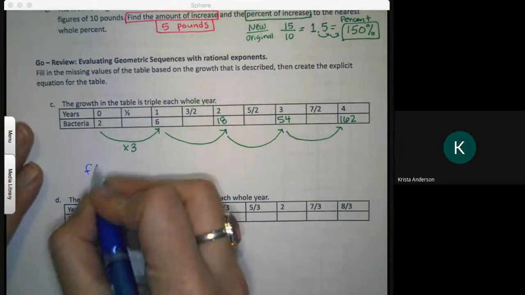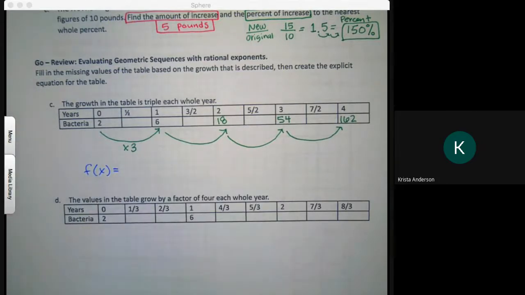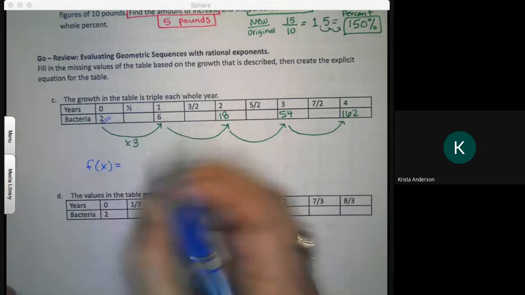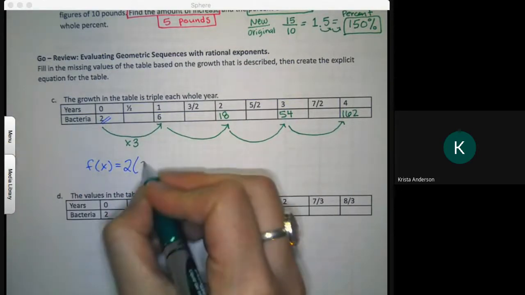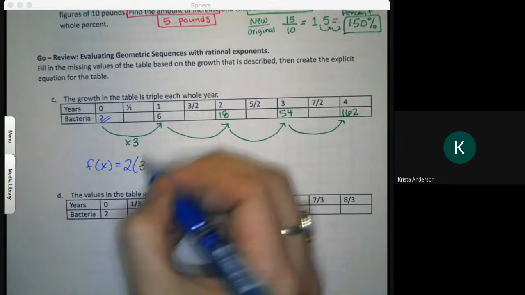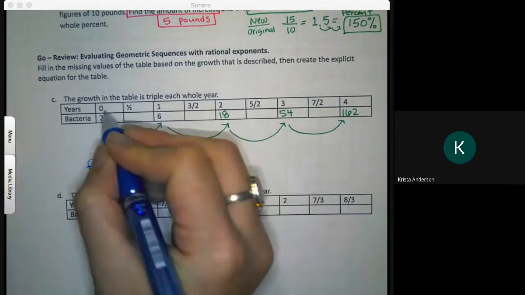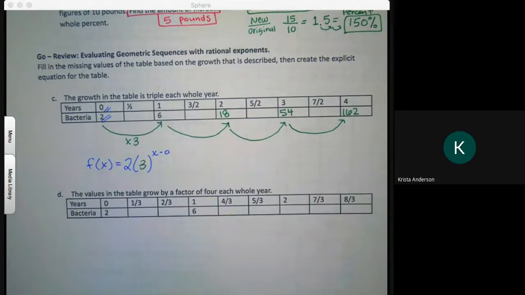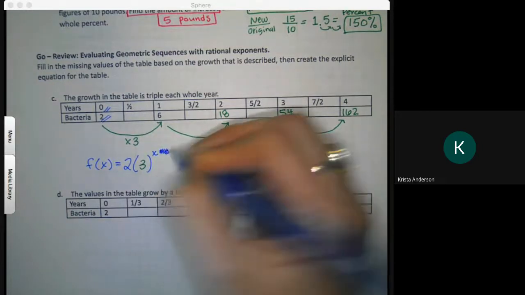But I can't do the fractions unless I build an equation. I start with 2 and times by 3. And then I'll put a power of x minus 0. I don't need the minus 0. It won't do anything.